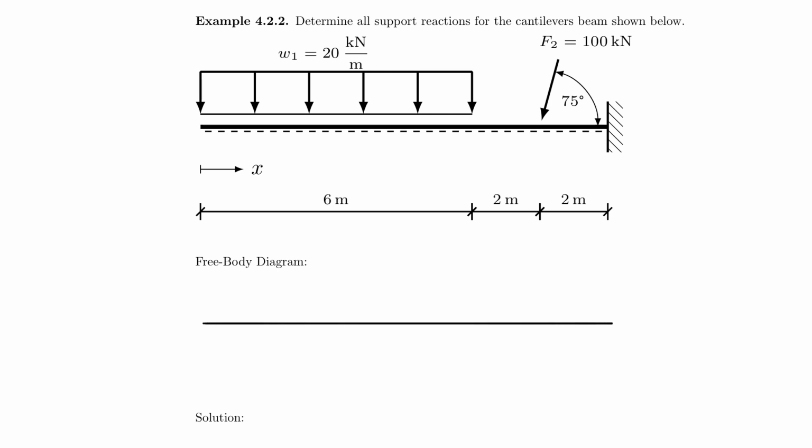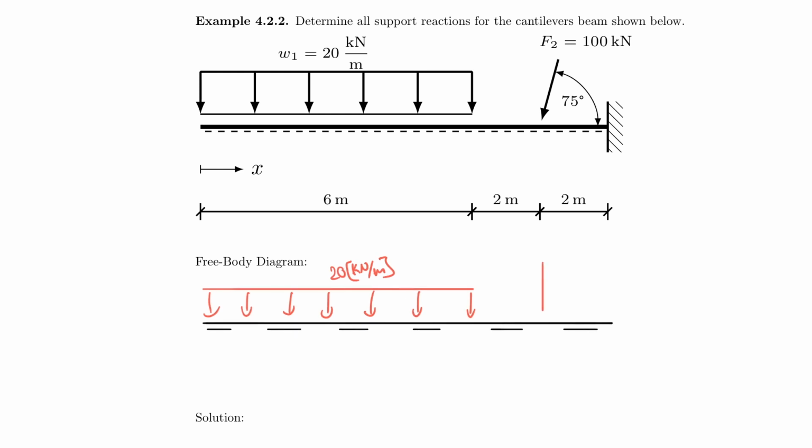So first I have a rigid body. It deserves the dashed line. I have my evenly distributed force that goes over 6 meters here. So I have such a system, which is 20 kilonewton per meter. And then I have two types of forces here, really, that I can break down into a vertical and a horizontal component.